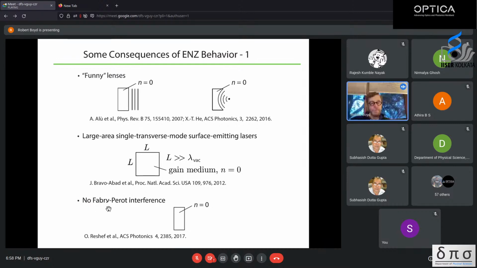And finally, perhaps obvious at this point, there is no Fabry-Perot interference. A beam of light passes through a zero index material and does not pick up any phase shift in doing so.